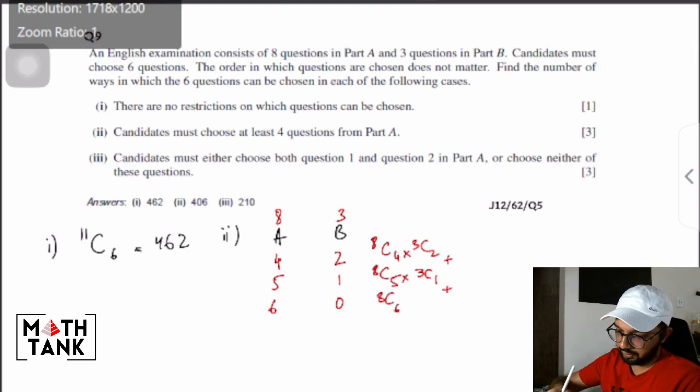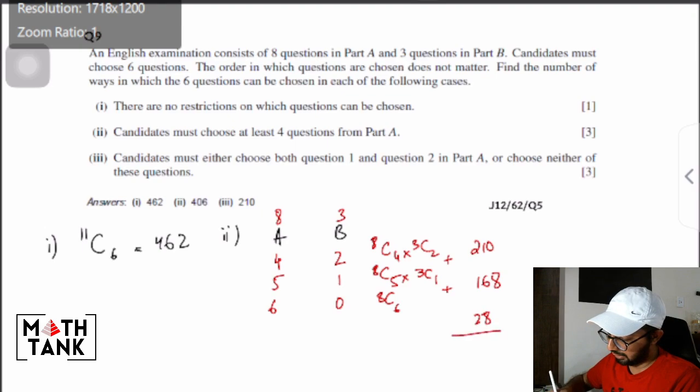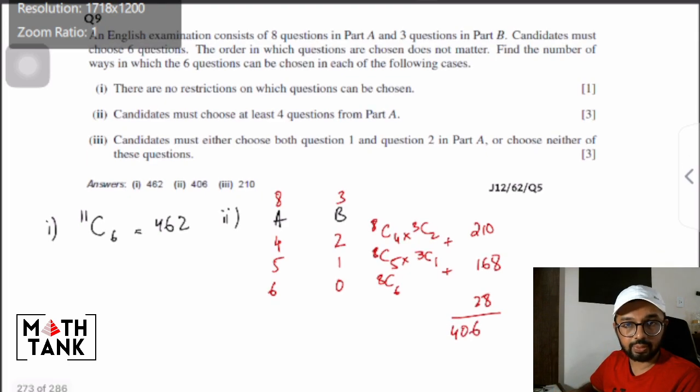So 8C4 into 3C2 is 210, 8C5 into 3 is 168, and 8C6 is 28. So a total of 210 plus 168 plus 28 gives me a total of 406. And yes, that's the correct answer.